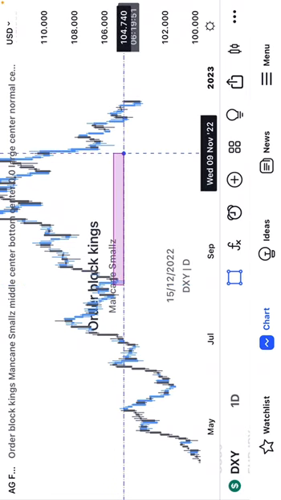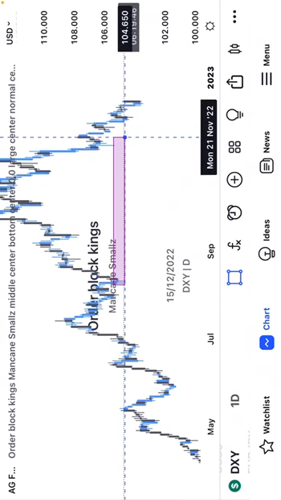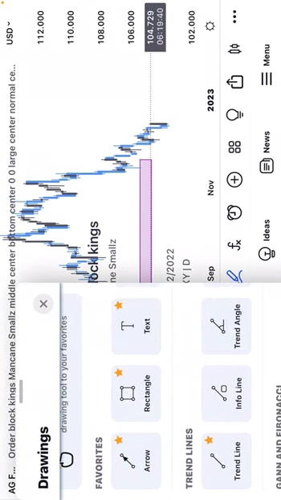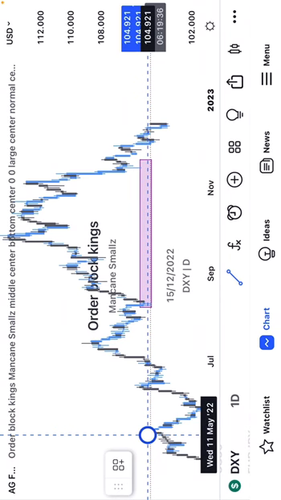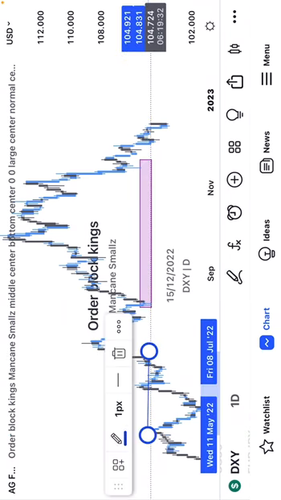This is the demand zone that has been broken in the dollar index. So dollar index has been breaking the lows. On this side, the market has been breaking the highs, respecting the lows, on my left.